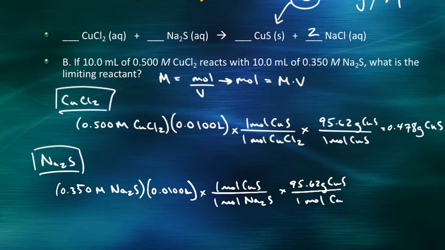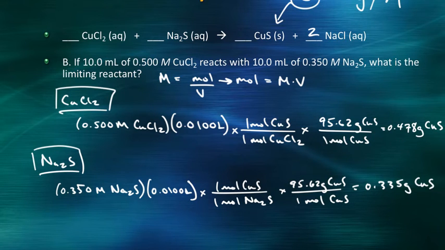Okay, and three significant figures again, 0.350 times 0.01 times 95.62, and we're going to get 0.335 grams of CuS.